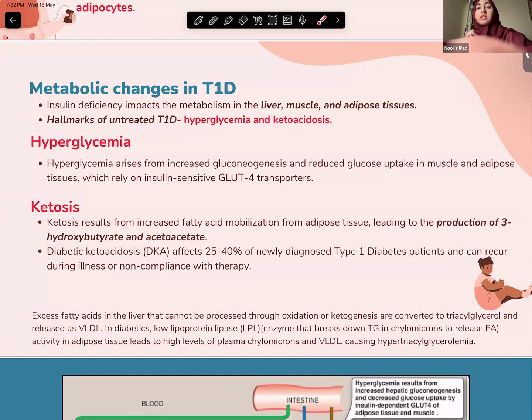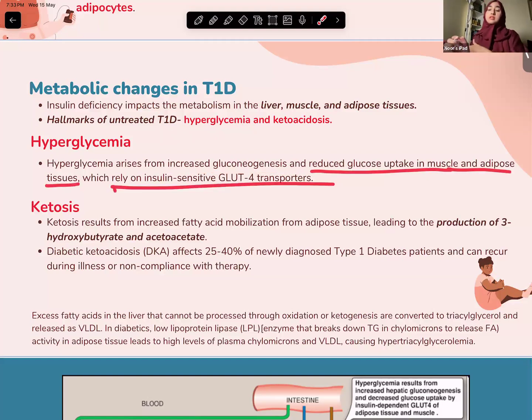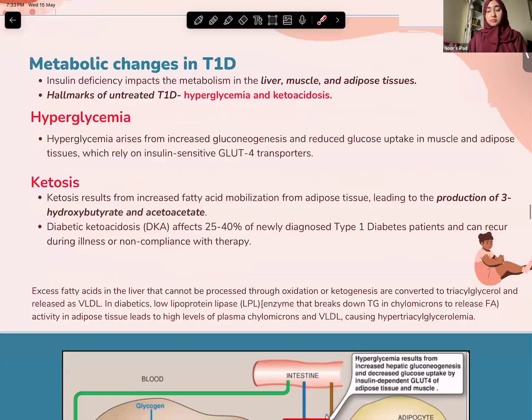Okay, when you do not have insulin in your body, glucose will be accumulating, right? So that's going to cause hyperglycemia. Pretty straightforward. So just to read it, hyperglycemia arises from increased gluconeogenesis and reduced glucose uptake in muscle and adipose tissue, which relies on insulin-sensitive GLUT4 transporters.